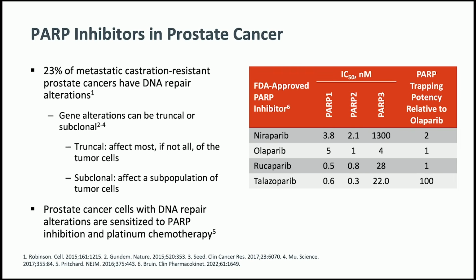As we see, the one thing that I think distinguishes itself is that niraparib has a greater inhibition of PARP3, and talazoparib has more PARP trapping than the other PARP inhibitors. Whether this really makes a difference clinically, we really don't know, but it may play into the resistance pathways of some of these drugs. And we really don't know if these are cross-resistant drugs or not. So can you sequence PARP inhibitors in this situation? The answer is unclear.